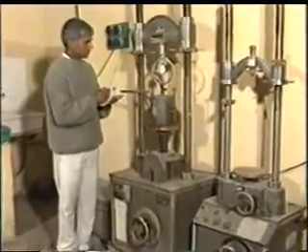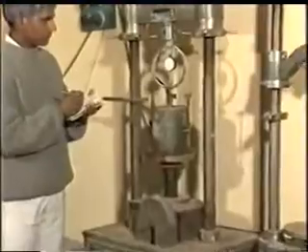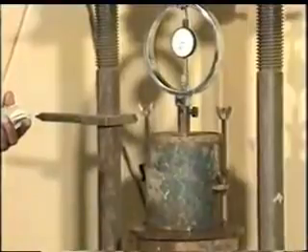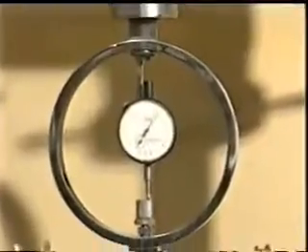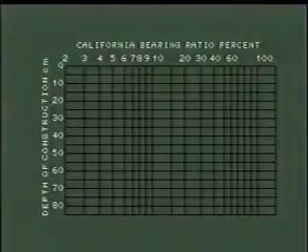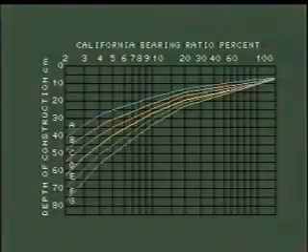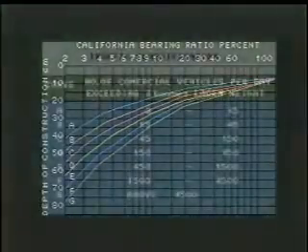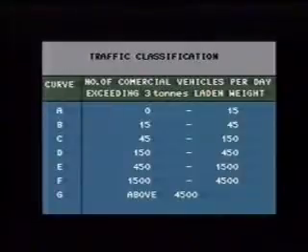Amongst the various methods available for designing flexible pavement, California Bearing Ratio or CBR is most commonly adopted. The CBR design charts shown here give correlation between CBR value of subgrade soil on horizontal axis and depth of construction on vertical axis for different traffic intensities, that is, number of commercial vehicles per day as given in the charts.